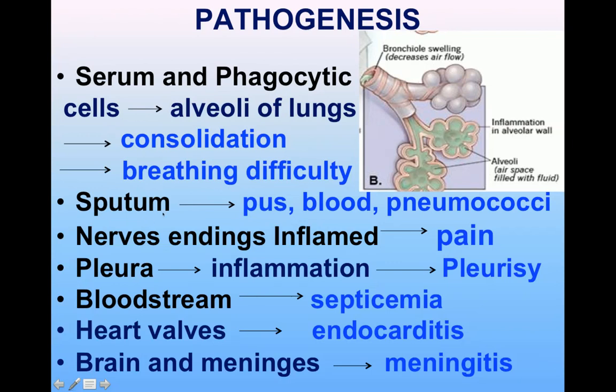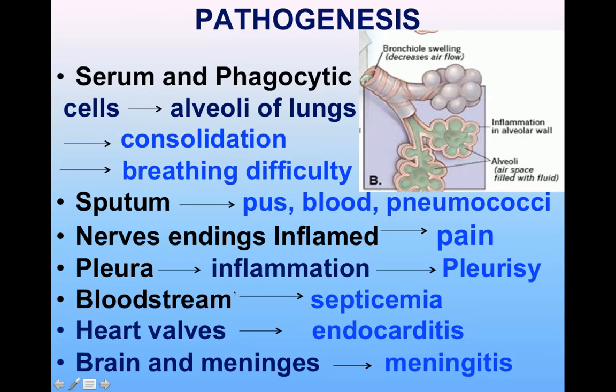There is an excessive amount of sputum produced, and this sputum contains blood. It also contains pus, and the pneumococci can easily be identified in the sputum. When the nerve endings are inflamed, the patient feels pain on breathing. Inflammation of the pleura results in pleurisy, and then they are released into the bloodstream.